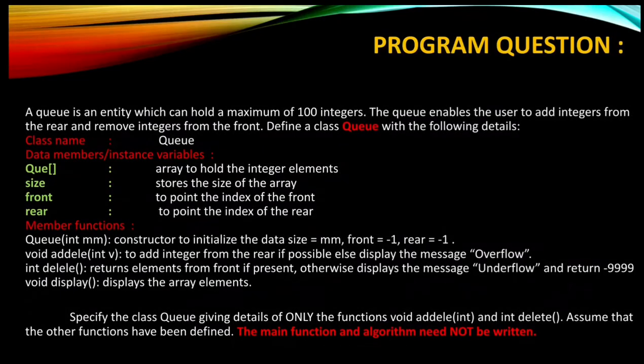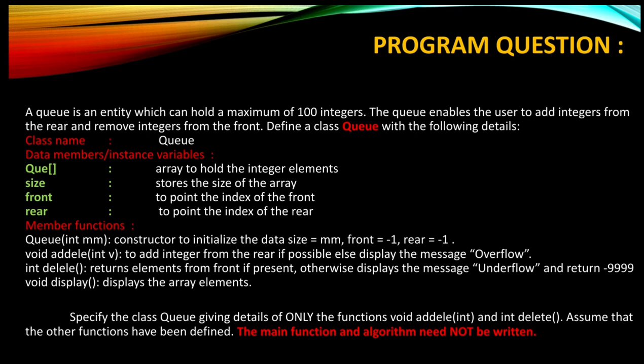See, now we are having a question in front of us. In this way a question came in your paper. Always either stack or queue is present in ISC paper, in both papers, in this format.